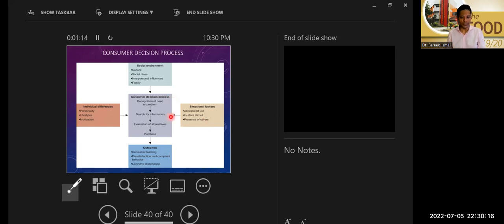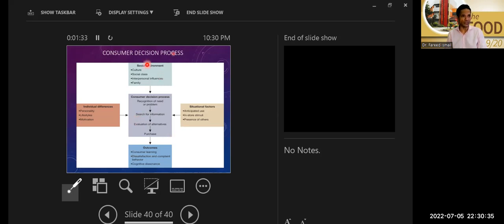What I mean by consumer decision process is either want and need, need or problem, search information. We will explain this section towards the end of this lecture.